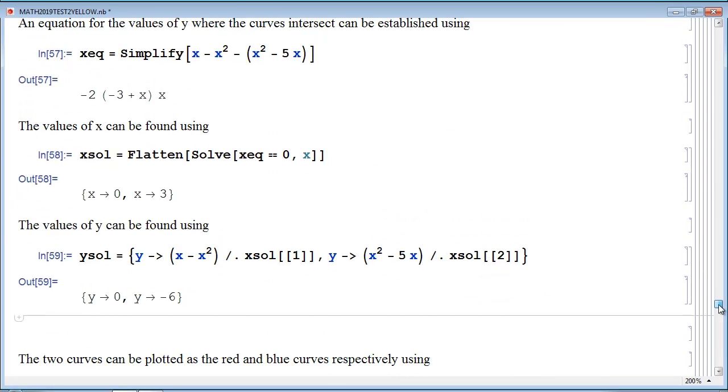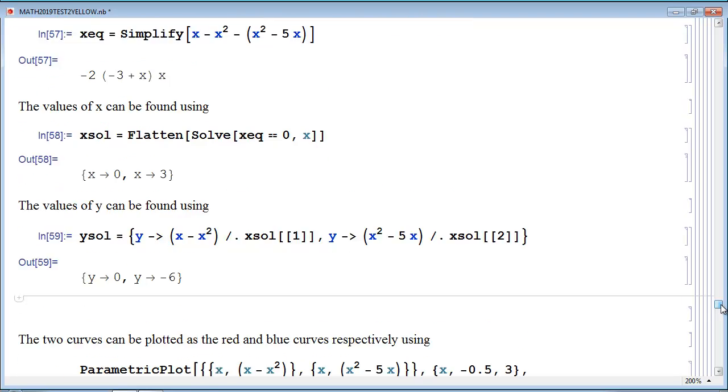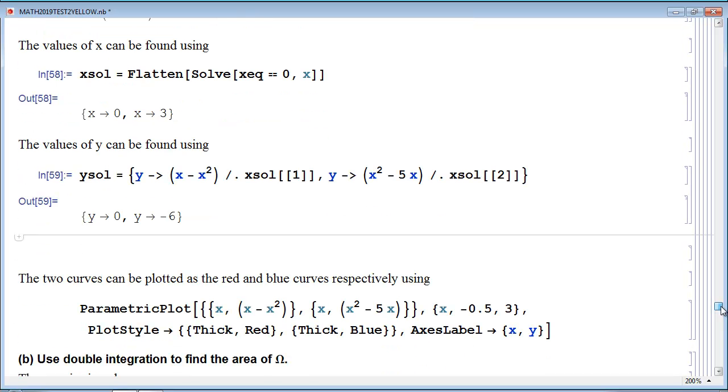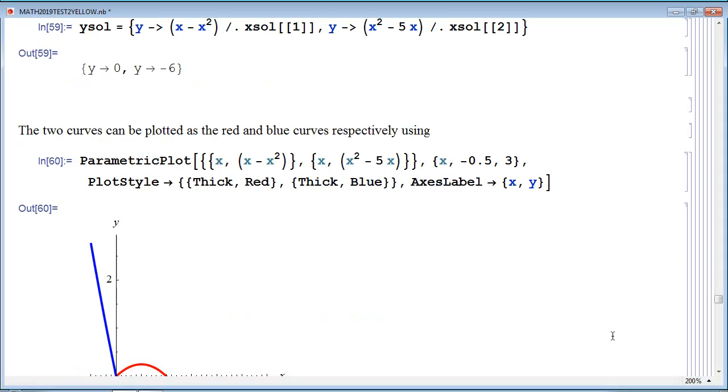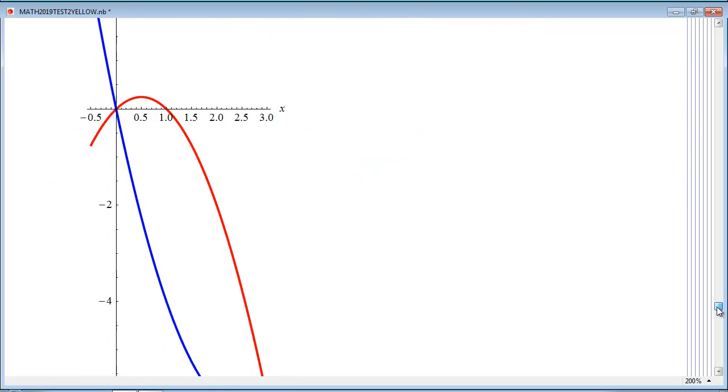Okay, so the points of intersection are (0, 0) and (3, -6). So we can plot those two curves as the red and the blue ones, respectively, and this is what the region looks like.